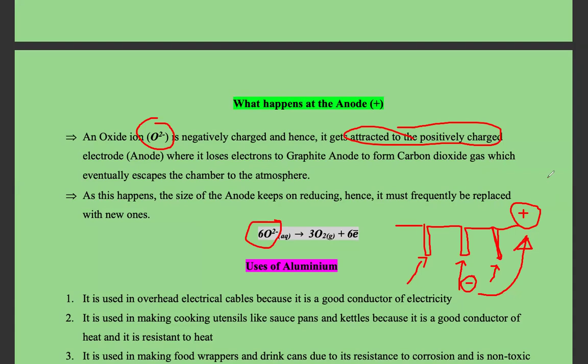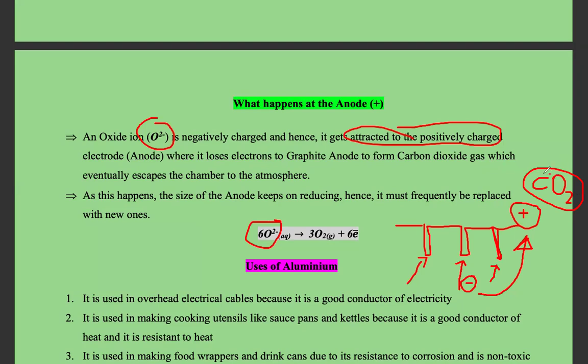Now, remember, this anode is just the carbon. So when this carbon reacts with oxygen, what is formed is carbon dioxide. Each time this reaction happens, carbon dioxide is produced and it is bubbled off the cell.